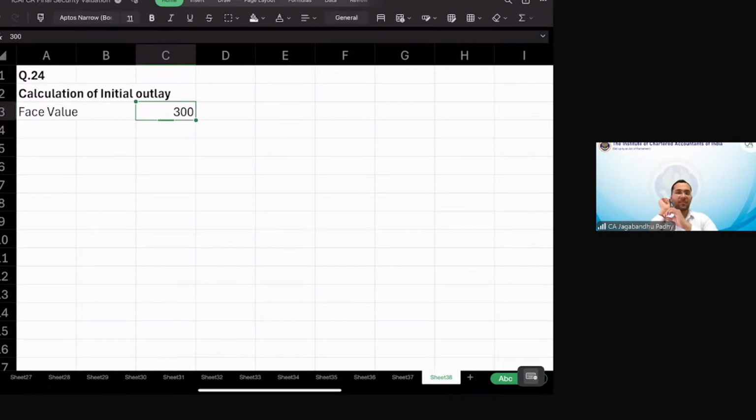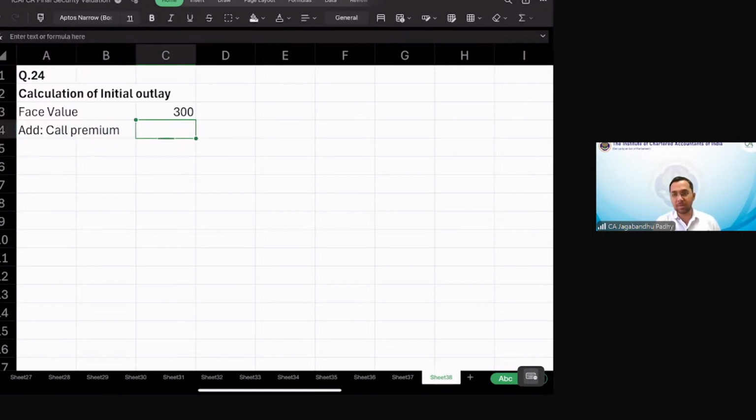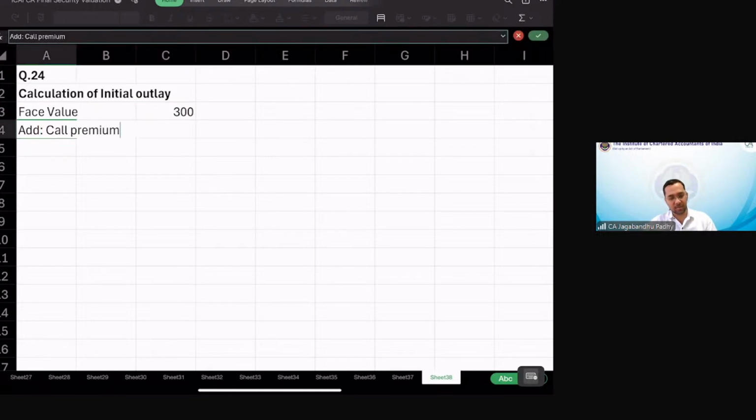I need to pay the face value, of course. But am I going to redeem it at face value? No. I need to pay a premium to retire this. So what is the premium that we are going to pay? Add call premium. What will be the premium? I won't be paying only 300. I will be paying something additional also. Call premium was at 4%, right?